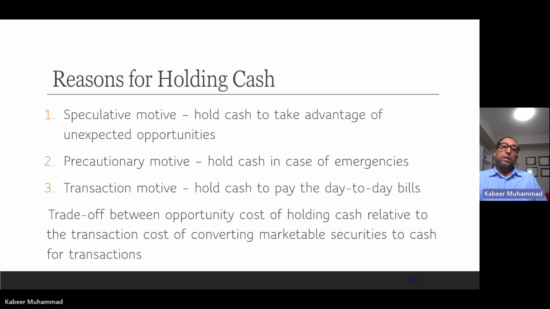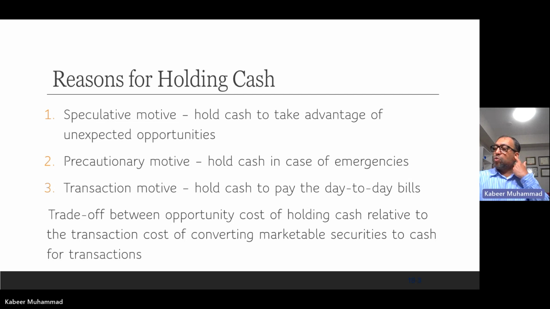The first one is the speculative motive. This means that you have some cash, and if any opportunity appears where you can buy and sell something, you need cash to buy it and then you can sell it and make money out of it, or you can invest for a while and then disinvest and make money.